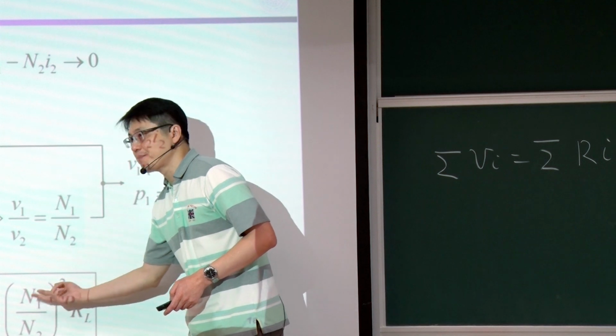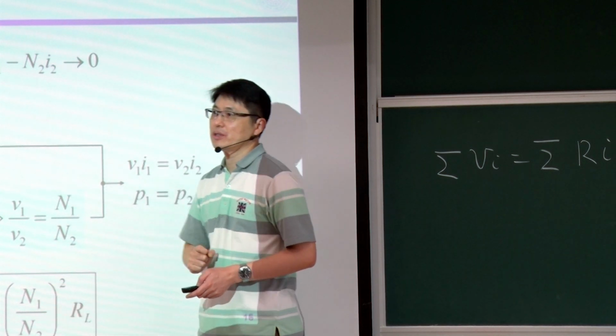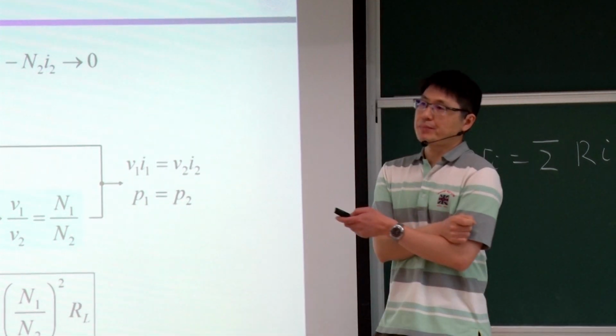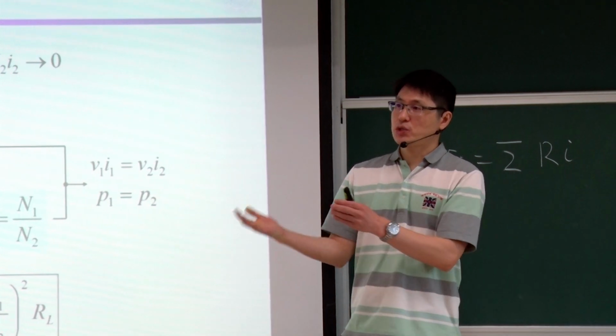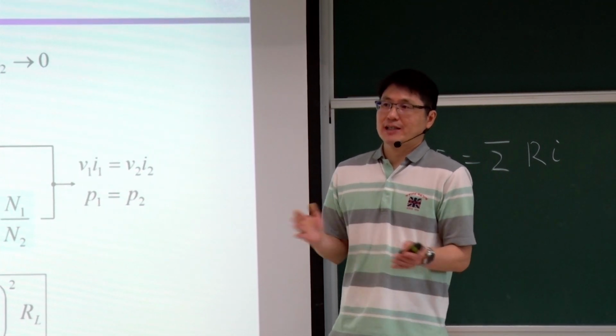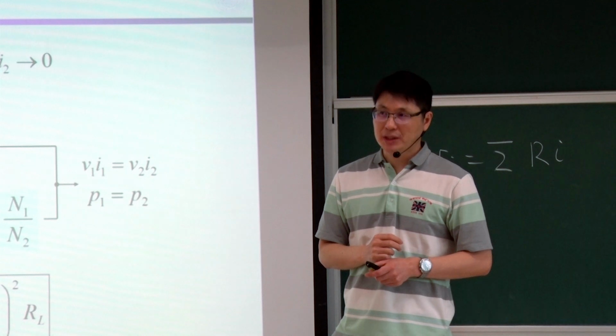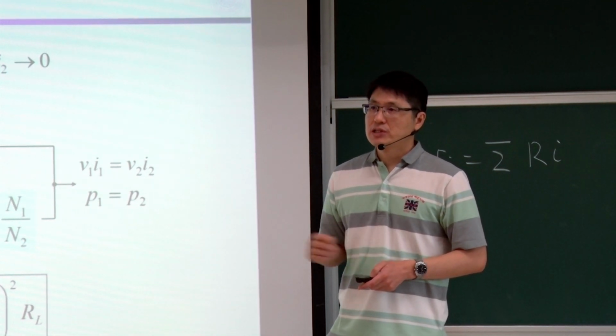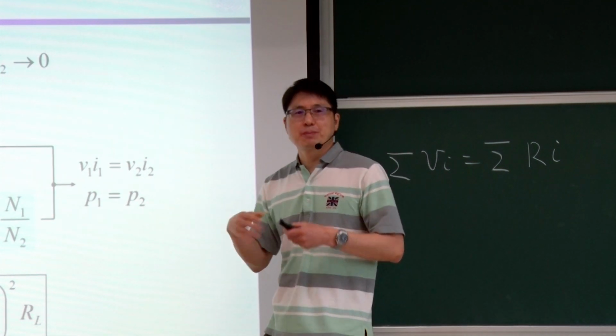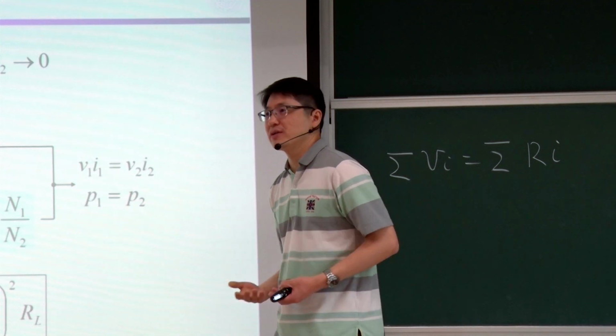By changing the number of the winding number, you can change your effective impedance. So this is pretty much another way to perform maybe impedance matching. Right?